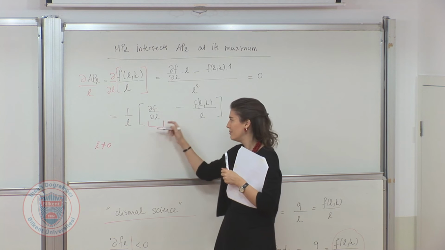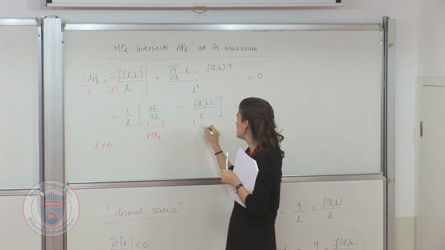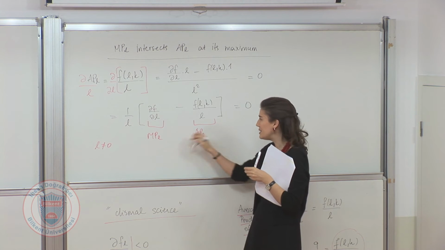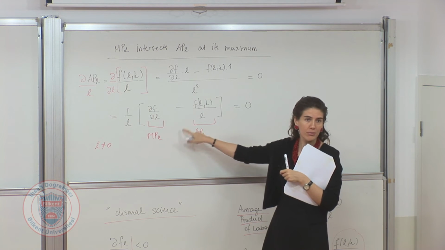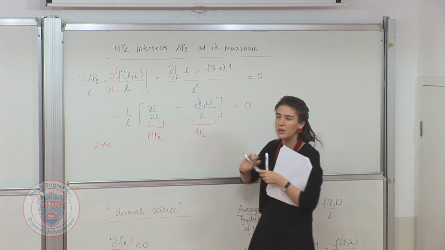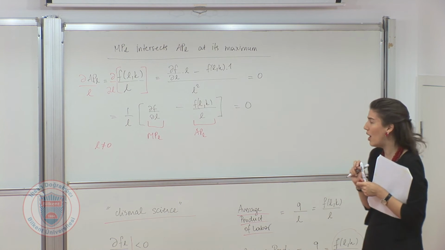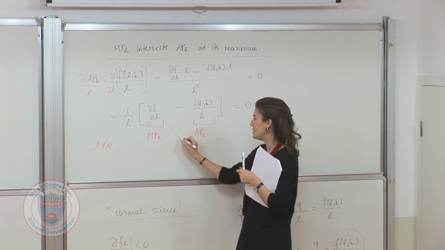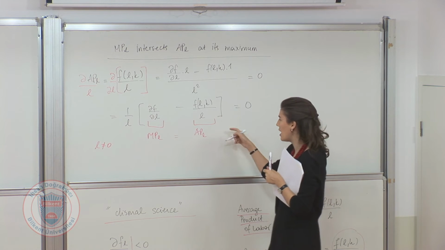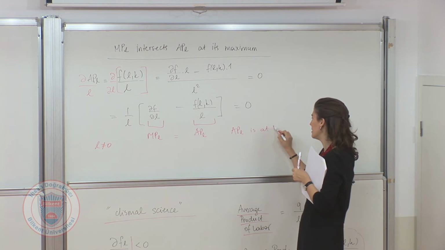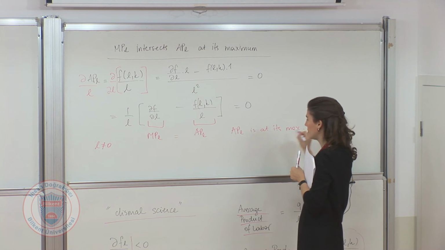Marginal product of labor. What is this guy? Average product of labor. At the maximum, this should be equal to 0, so this guy should be equal to this guy. When MPL equals APL, we know that APL is at its maximum, okay?